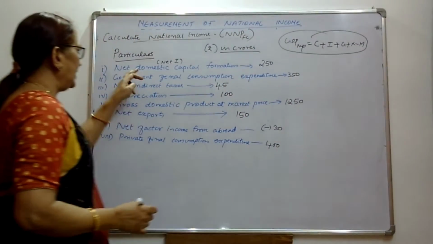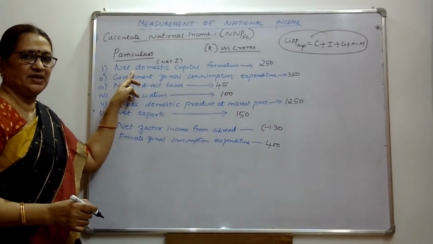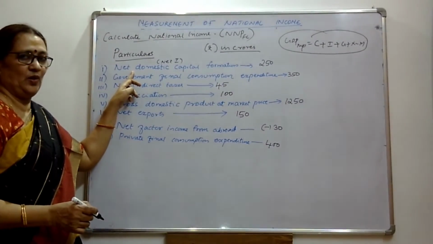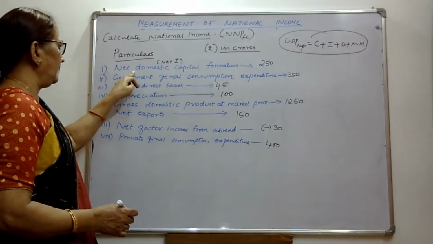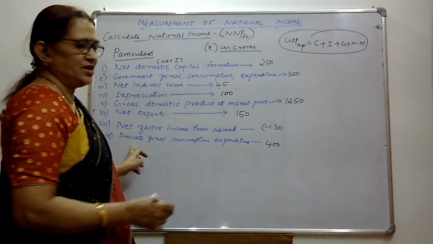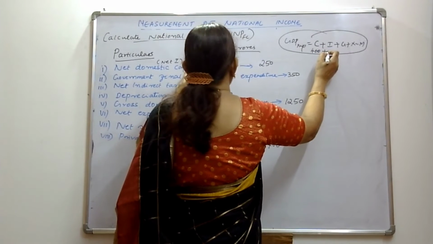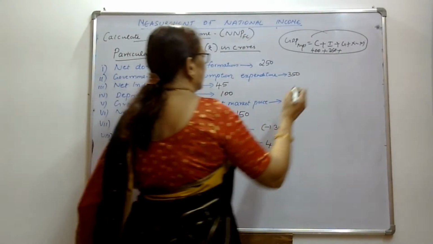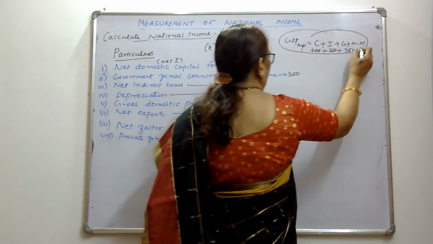As we have done in the previous question, here net investment is given. That is after deducting depreciation, we are getting the value of I, net investment, that is 250. So what is the value of C? Private final consumption expenditure is 400, plus net investment 250, plus government expenditure 350, and net export value is 150.